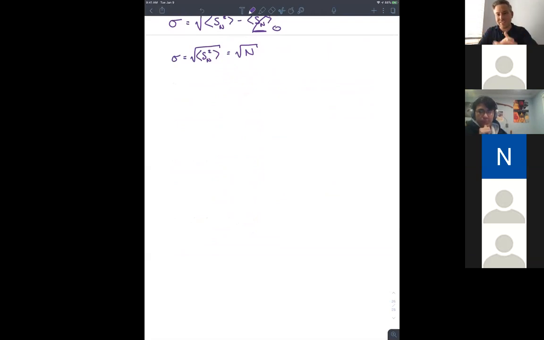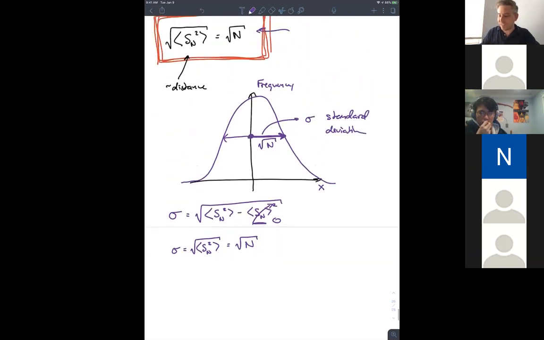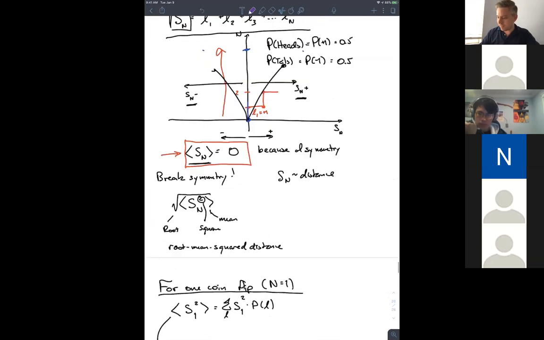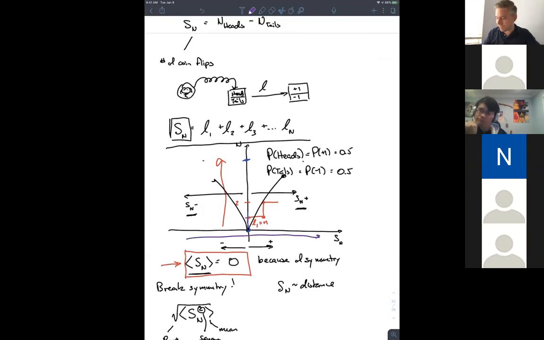So now, technically this discussion has been about coin flipping, right? But I've already sort of given you an idea as to how to think about this in terms of a random walk. I mean, technically, the distance we're traveling here is just the number of heads minus the number of tails.